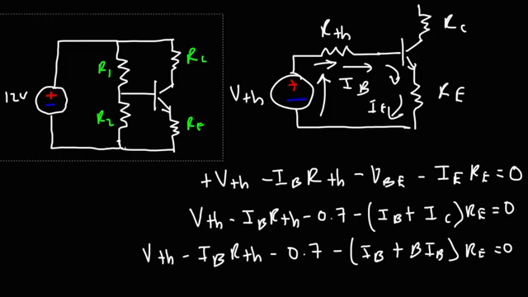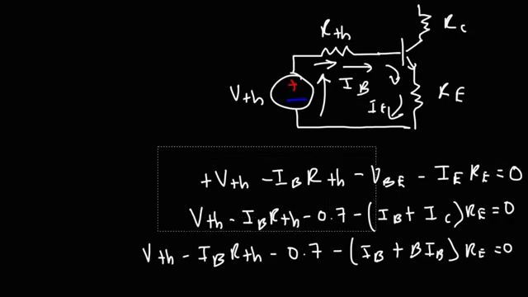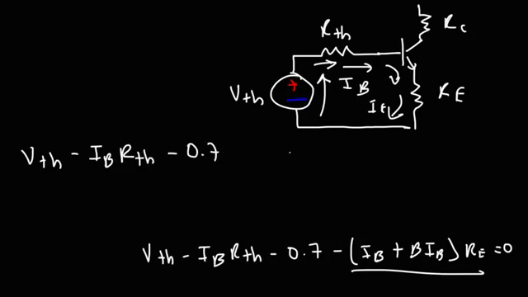Let's erase this for now. So what I'm going to do at this point is factor IB from this part of the equation. So we have V Thevenin minus IB times R Thevenin minus 0.7, and then minus IB times beta plus 1 times RE, which equals 0.